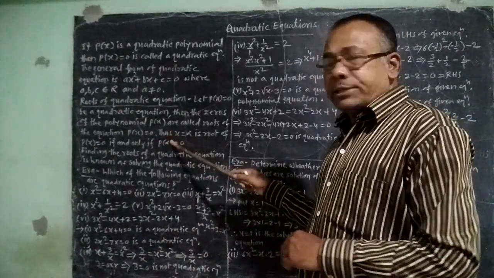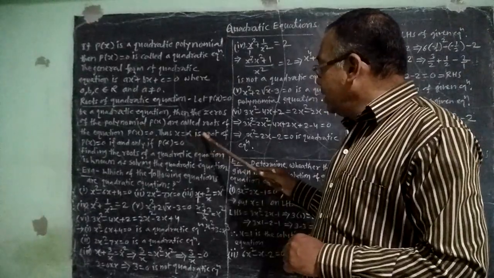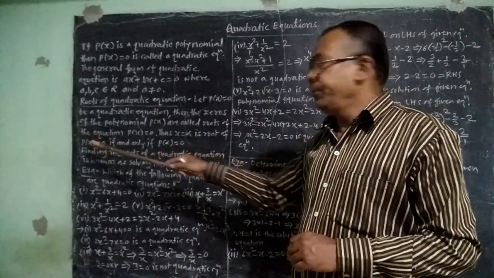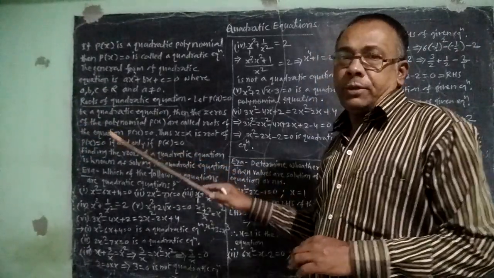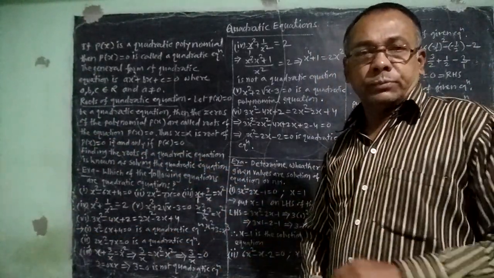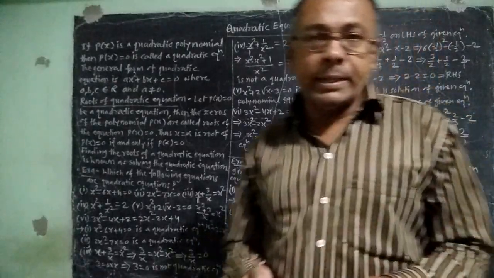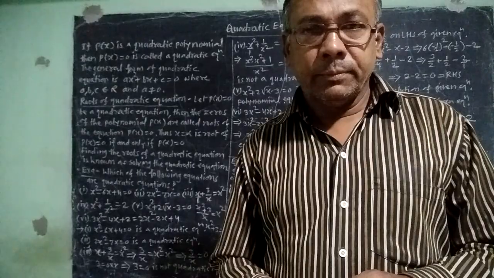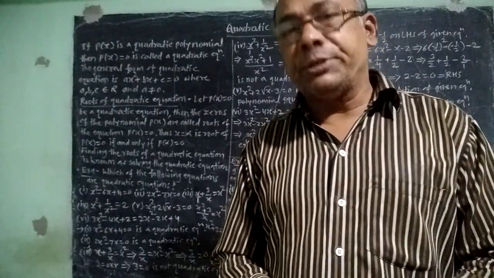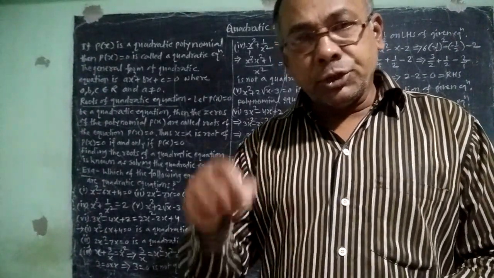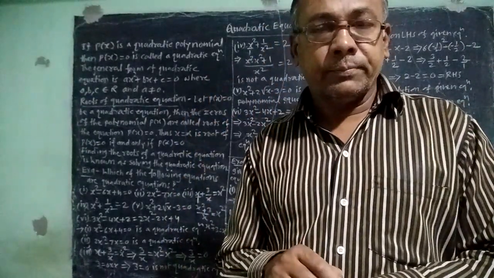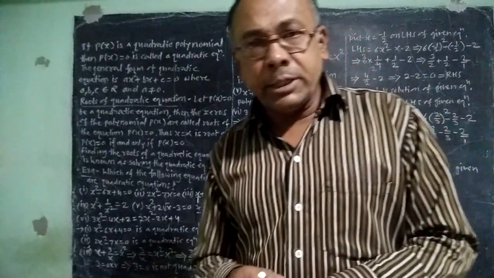Thus, x is equal to alpha is a root of p(x) is equal to 0 if and only if p(alpha) is equal to 0. Mind well that the value of the variable x which satisfies the equation is called the zero of the quadratic equation. Understand?